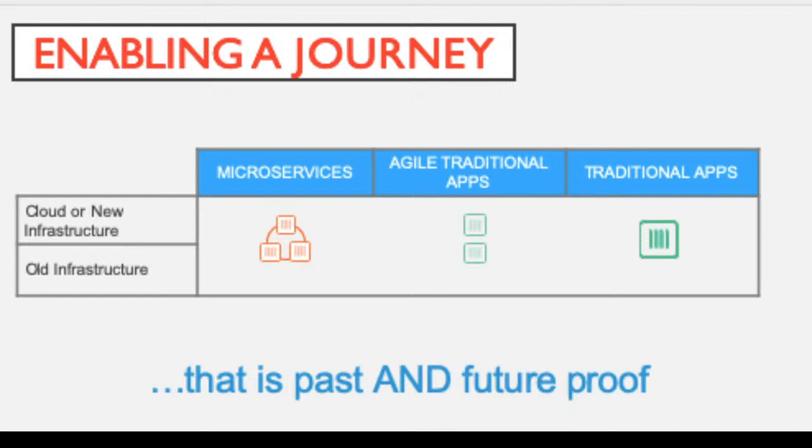This kind of agile traditional application is found to be both past and future proof. So these agile traditional apps will make use of the cloud infrastructure. They can also adapt to the old infrastructure as well.